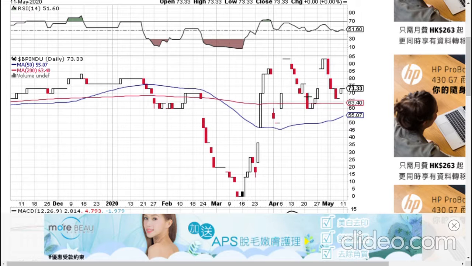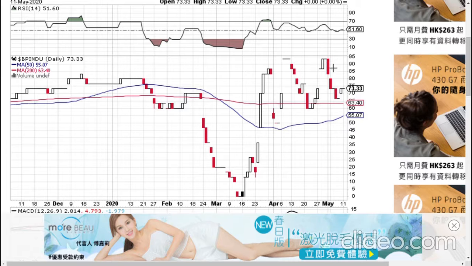And now it's still bullish, but the bullishness has already dropped, and now it's something like 73. Okay, that means it's not as optimistic as before.